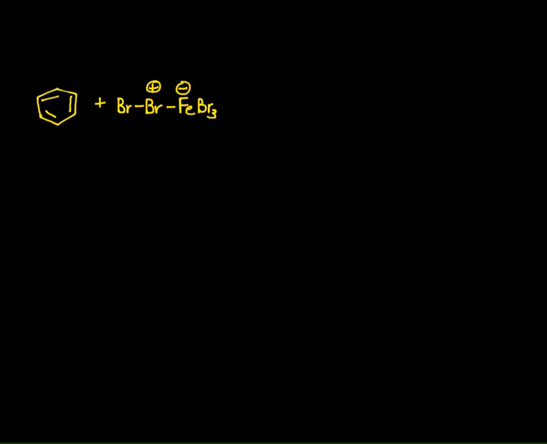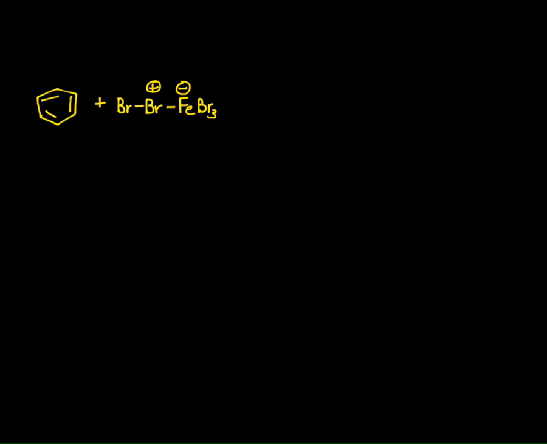It is this Lewis acid-base complex, Br2-FeBr3, that reacts with benzene. And you might say, well, how does this reaction occur? So notice what's happened to that bromine part. The bromine that's attached to the iron has a positive charge, so it's now withdrawing electron density.